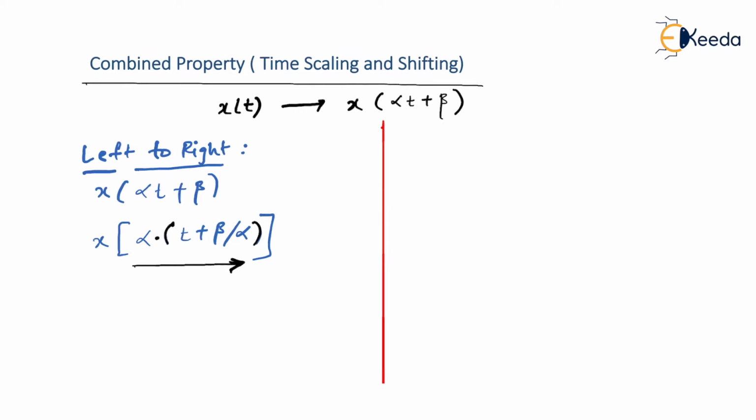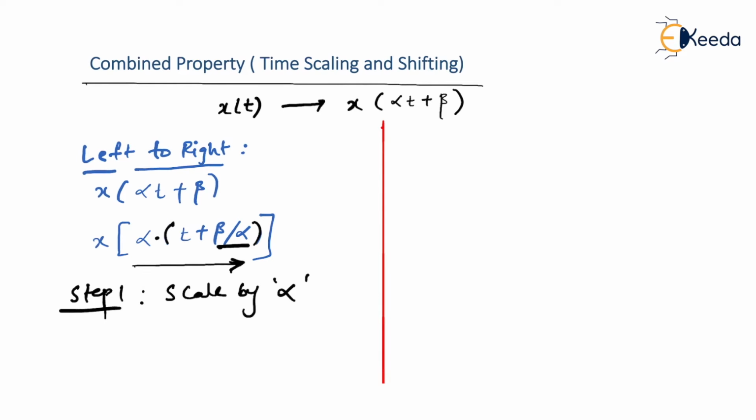Then in this approach, step number one, to scale by alpha. Right? So when you are moving further, as you can see, you are shifting by beta by alpha. Suppose if this beta by alpha happens to be positive value, I'm going to advance by beta by alpha. And if this beta by alpha appears to be, let's say, negative value, then I'm going to delay it by beta by alpha.